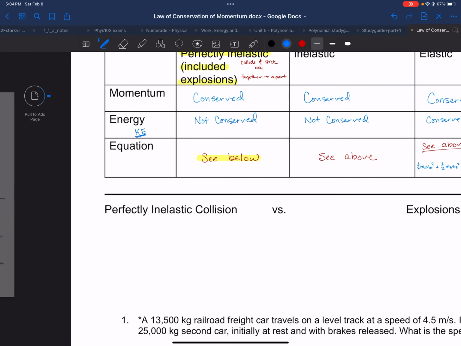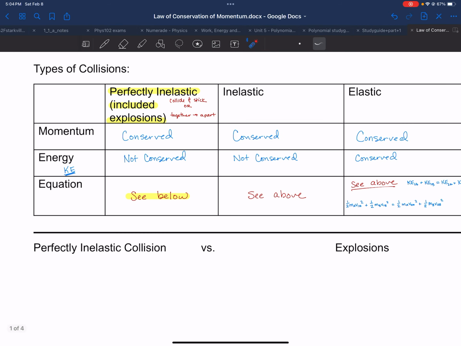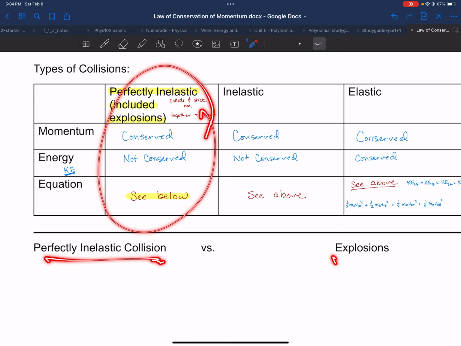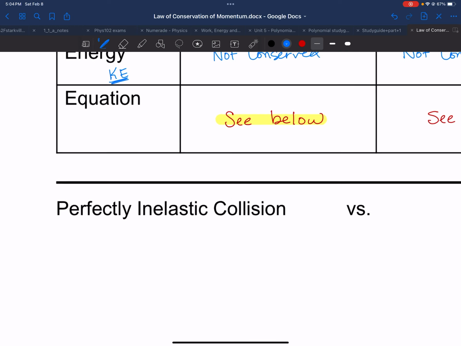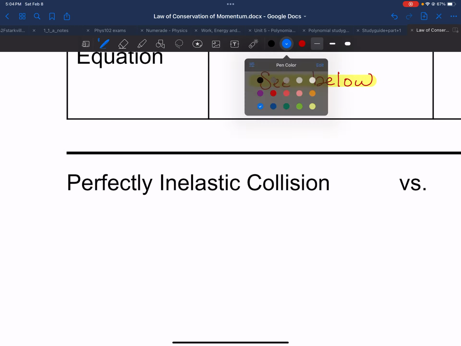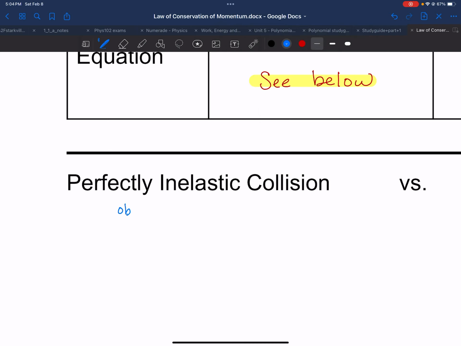All right, let's look specifically at the one that we're talking about here, which is our perfectly inelastic collisions. And we can also call it an explosion if it goes the opposite direction. So again, like we were mentioning, in a perfectly inelastic collision, our objects collide and stick together.